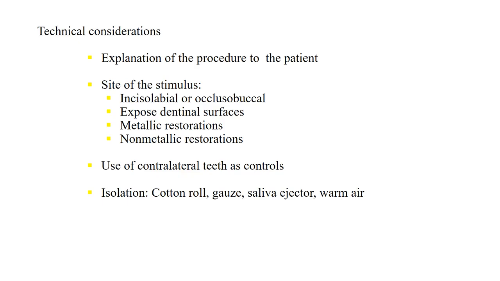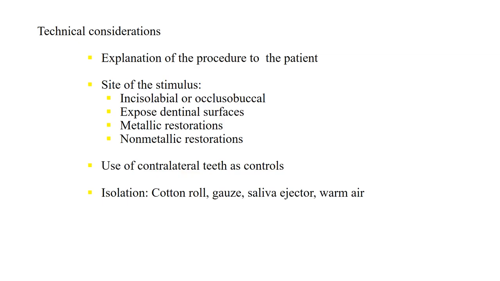The patient by himself does not feel heat or cold, and when you explain the procedure, you must tell them with the help of a control tooth, which can be an adjacent or more importantly a contralateral tooth, what kind of sensation they will feel.